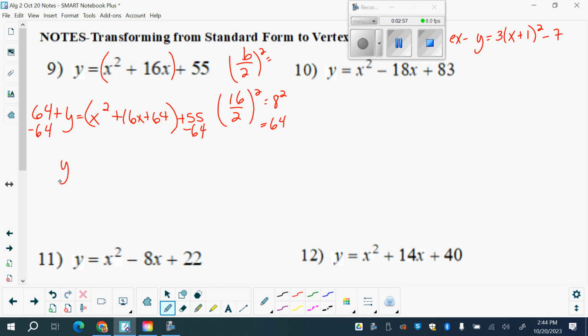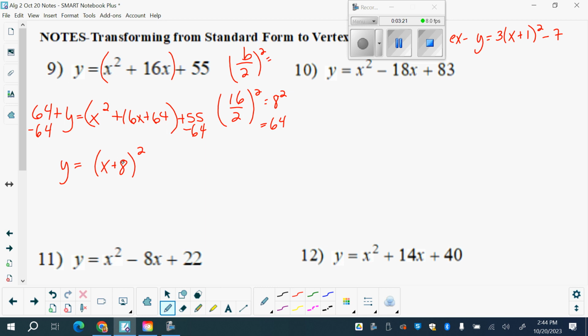So this gives me y here. And what is this as a perfect square? Plus 8. And where did we get the 8 from? Half of 16.